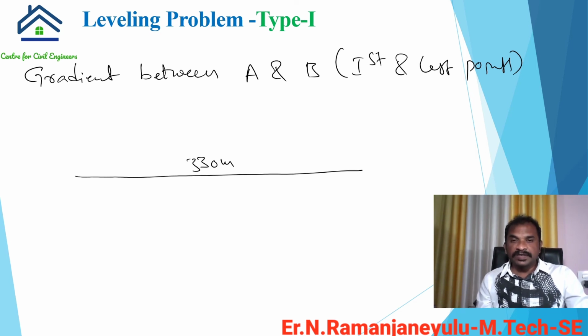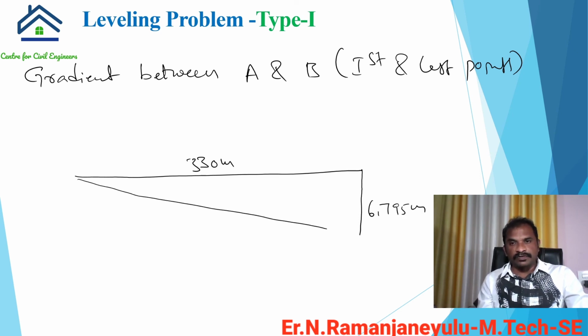For 330 meters, the total fall is 6.795 meters. This is the total fall value. That is nothing but a continuously sloping ground, that's why we got this much fall.